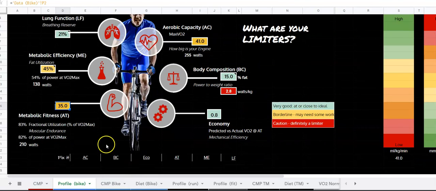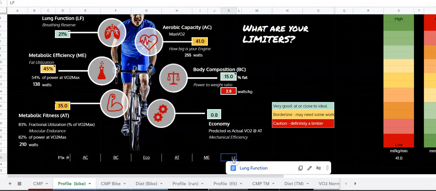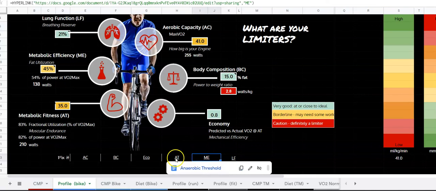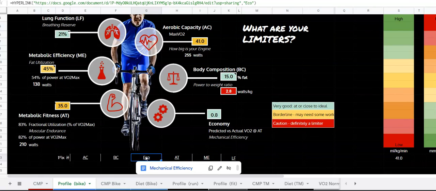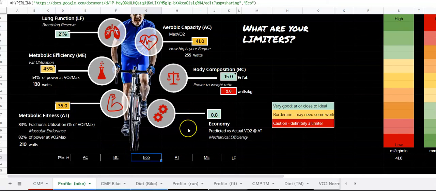There's a lot more information with that, and we educate you through the testing and when we're doing our consultation. But we also have information on each of these areas down here below. So plenty of stuff to read up on and catch up on to look at your limiters and see what kind of things are involved with improving and making those limiters more of a strength for you.